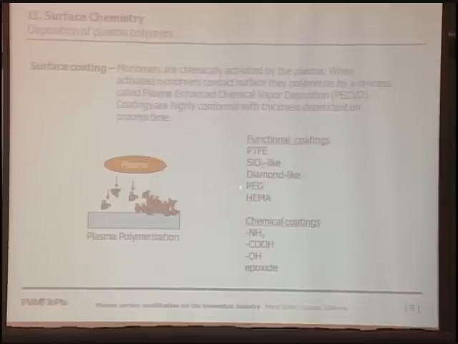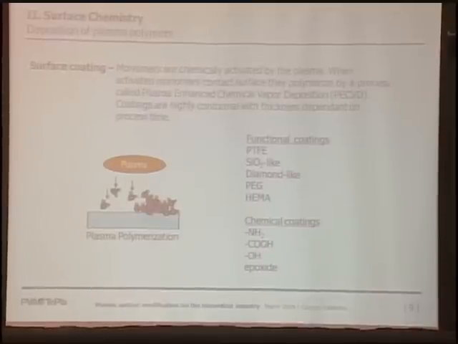We can deposit polyethylene glycols or polyethylene oxide-like coatings using PECVD, and also hydroxyethyl methacrylates. We can also deposit coatings that contain a chemical functionality. So let's say you need a surface that has a primary amine functionality or an epoxide group. We can do that using this process, a PECVD-like process.